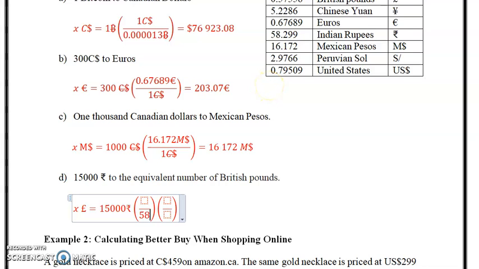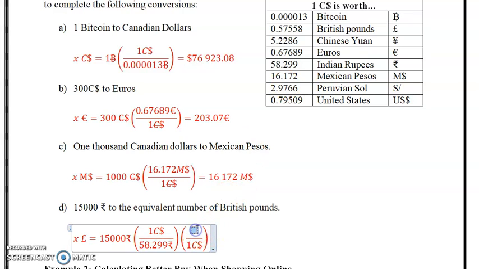So we have 58.299 Indian rupees, and then that's going to go to 1 Canadian dollar, and then 1 Canadian dollar in the denominator, and then we convert that to British pounds. So 1 Canadian dollar is equal to 0.57558 British pounds.